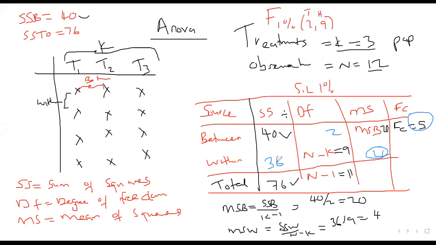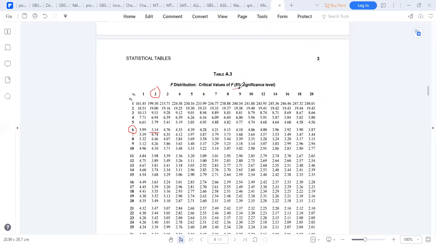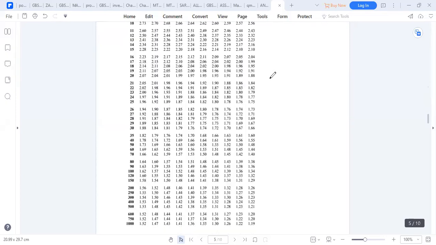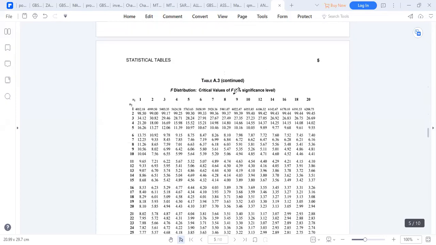So we go into the F table, first look for 1%. 1% is the title; here it's 5%, we can't use this one. This one continued on 5%, we can't use that one. It is 1%, correct. So 2 is coming from the top, the 9 from the horizontal. So where are they meeting? 8.02. So I'm just teaching you how to read these tables in case you're given.